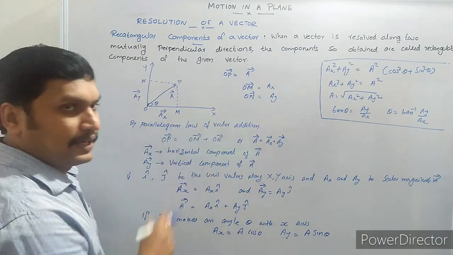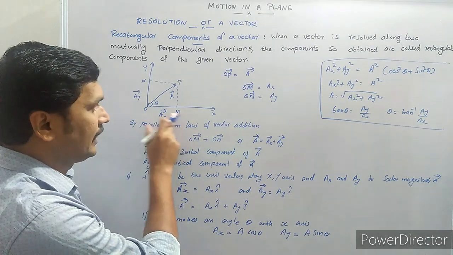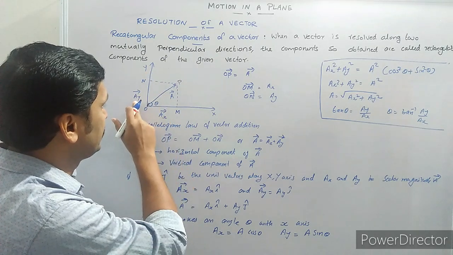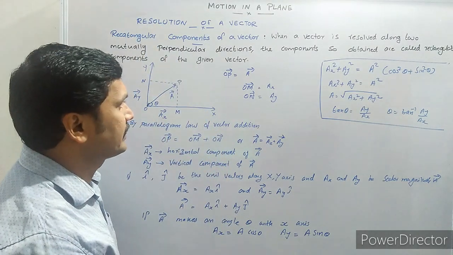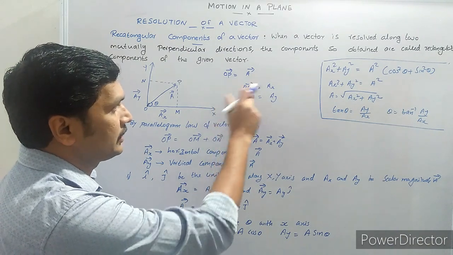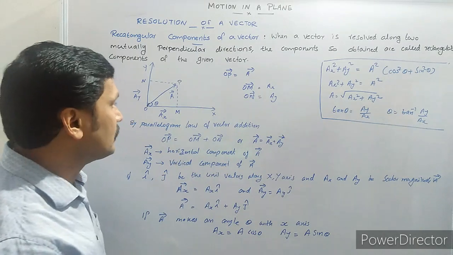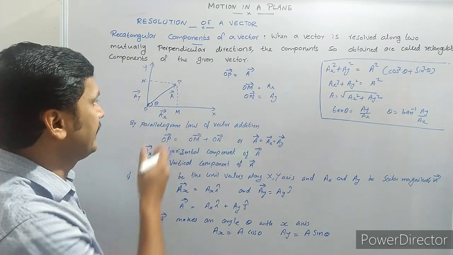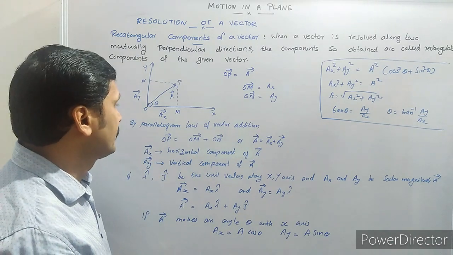We can treat them as vectors because OM has magnitude Ax with direction along the x axis, and ON has magnitude Ay with direction along the y axis. So Ax and Ay are vectors, and they are mutually perpendicular to each other.